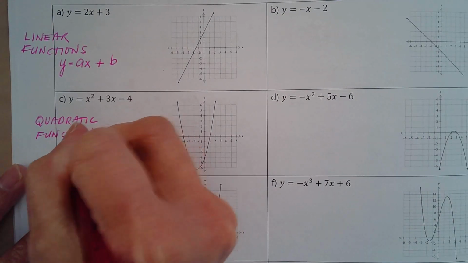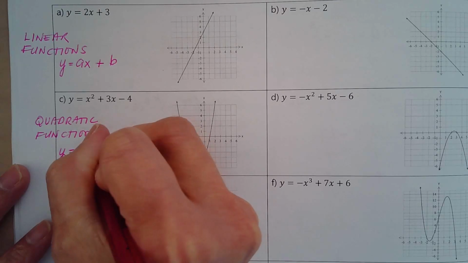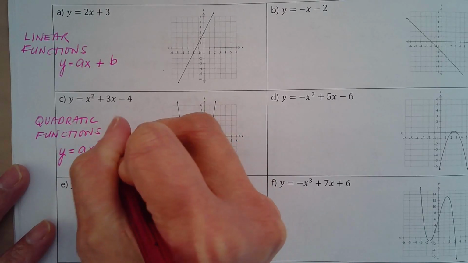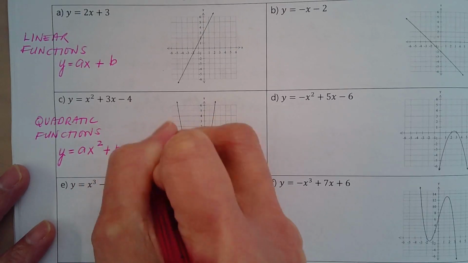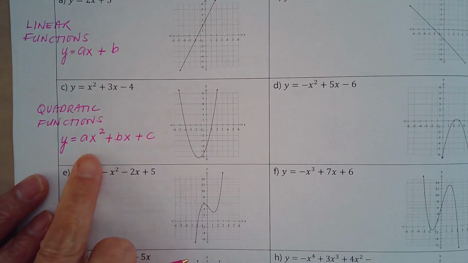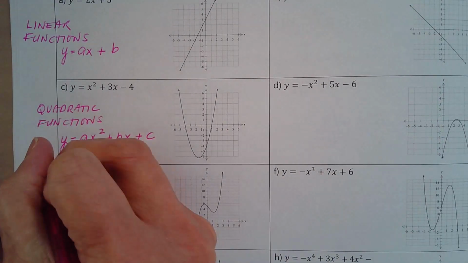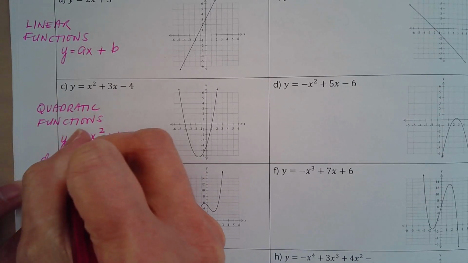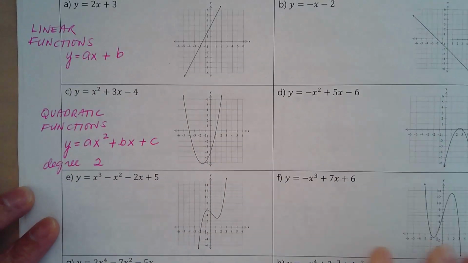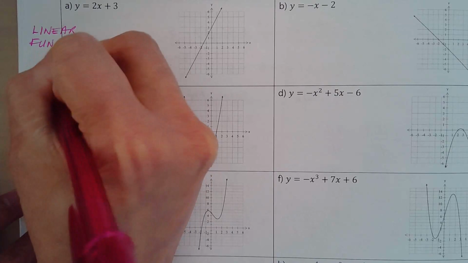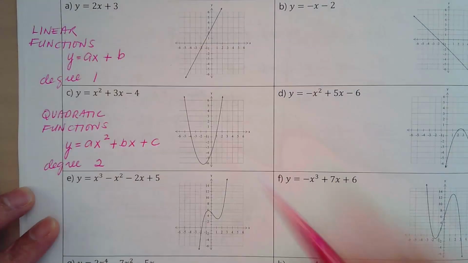The general form would be ax squared plus bx plus c, right? So this is a degree 2. I'll put here degree is 2. I gotta go back up here and call it degree 1, right?